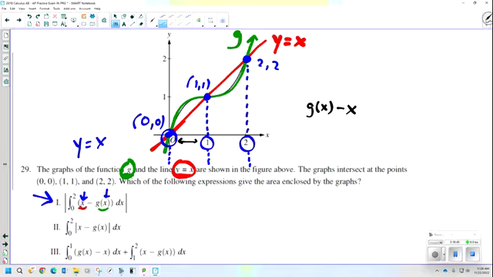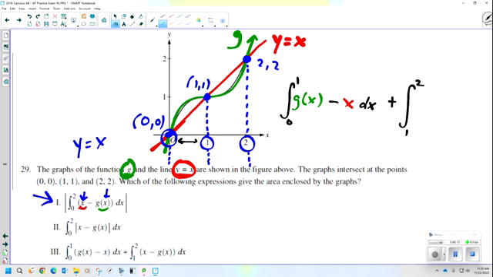Okay, in fact, let me do it this way. It is g of x minus just y equals x. So I should integrate this from 0 to 1, and of course there's a dx. And I should add that to the integration from 1 to 2.